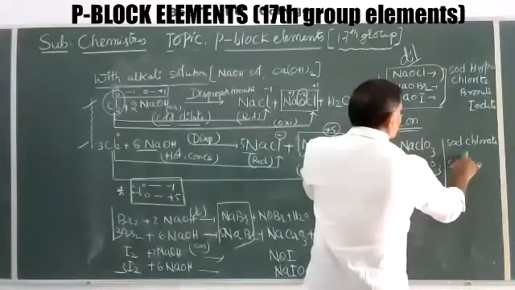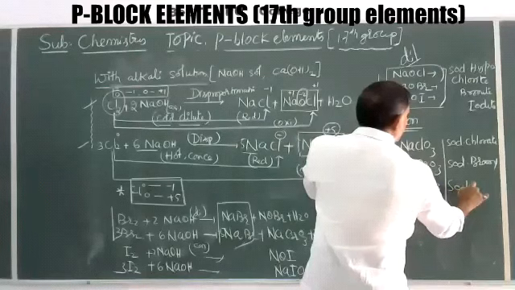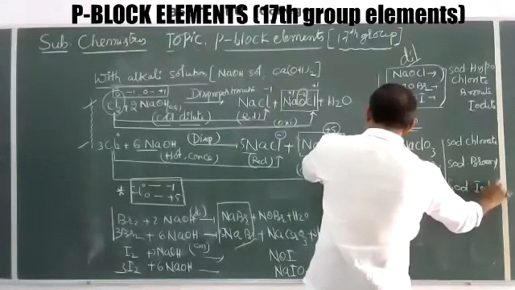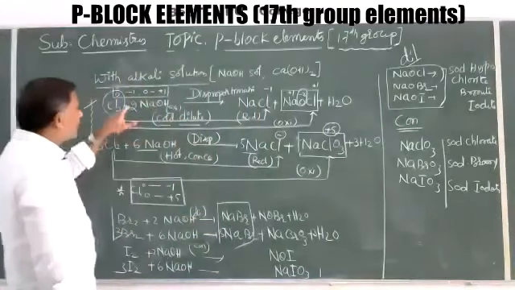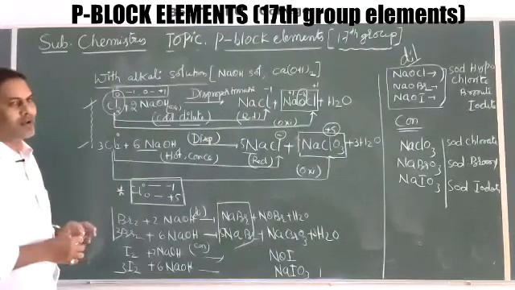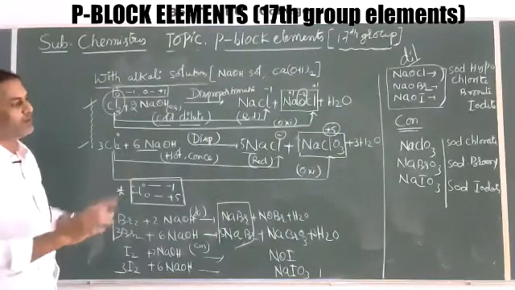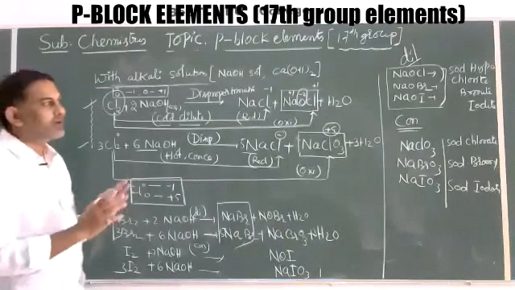This is the sodium bromate. This is the sodium iodate. So chlorine, bromine and iodine react with cold and hot alkali solution and give the same compositions. But in case of fluorine, it is somewhat different.